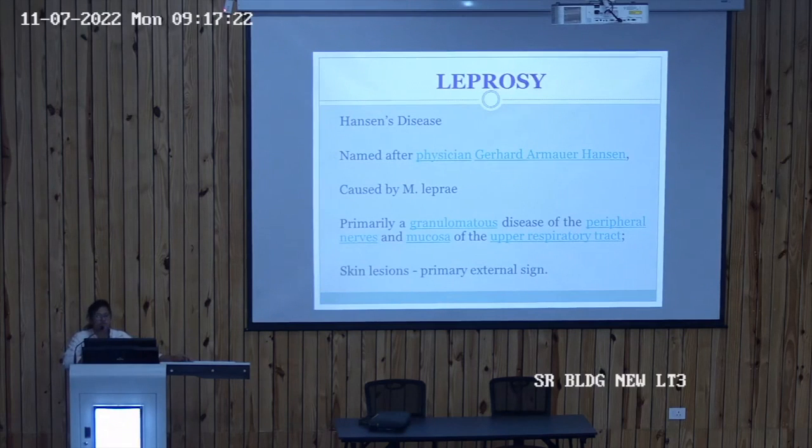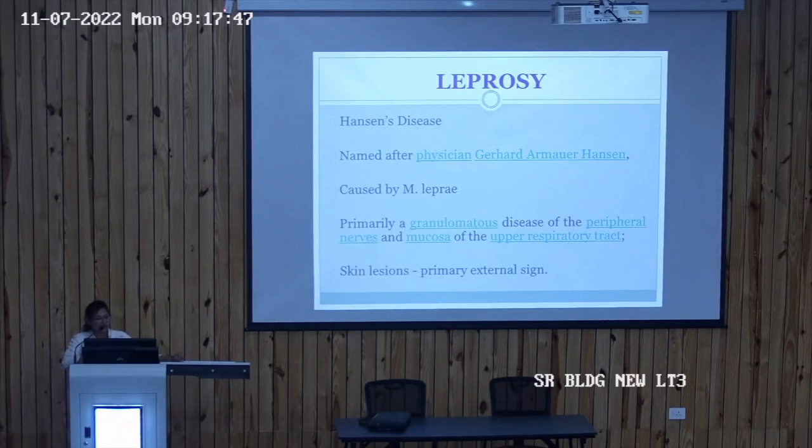Leprosy is also called Hansen disease. It is named after physician Gerhard Armauer Hansen, and it is caused by Mycobacterium leprae, which has special cell wall properties just like tuberculosis. It is primarily a granulomatous disease of the peripheral nerves and mucosa of the upper respiratory tract.